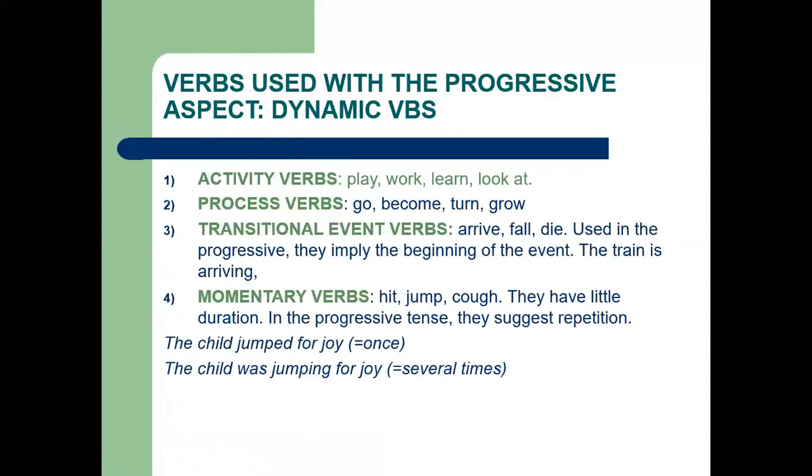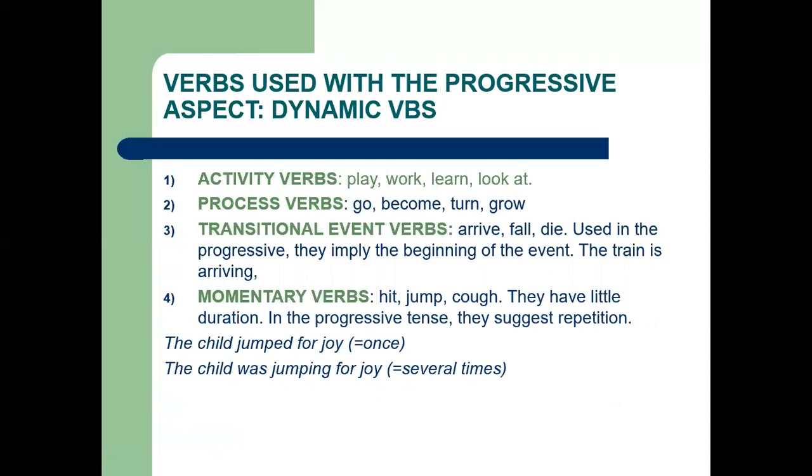And of course, the verbs that can be used with a progressive aspect, or in other words, with the present continuous, they are called dynamic verbs. So here we have activity verbs, process verbs, or inchoative, transitional event verbs. Yes, because they have very, very short duration: arrive, follow, die.